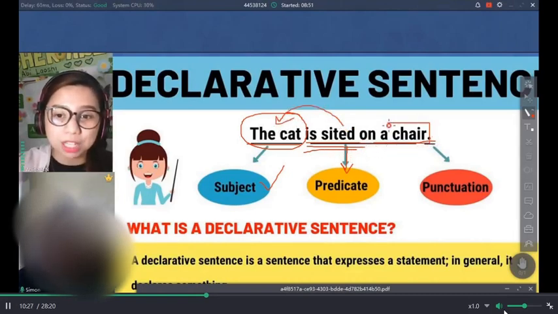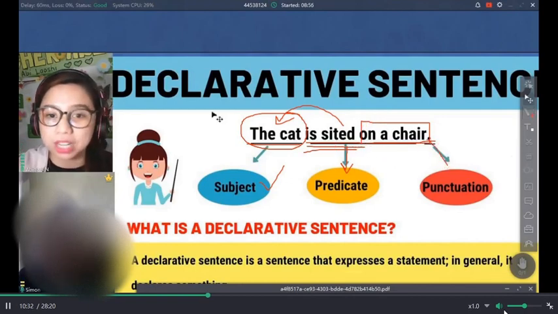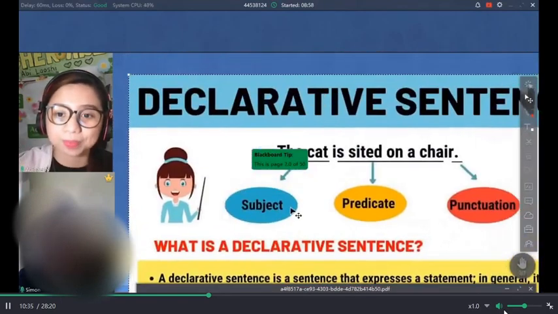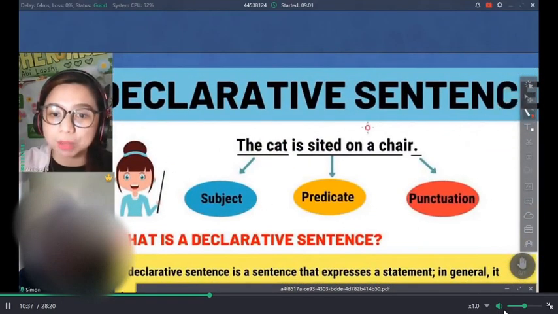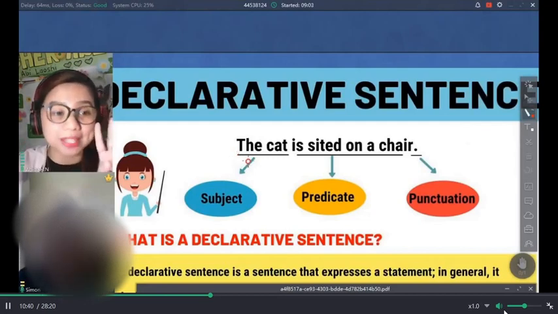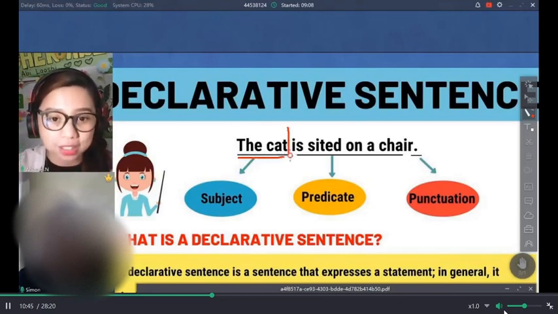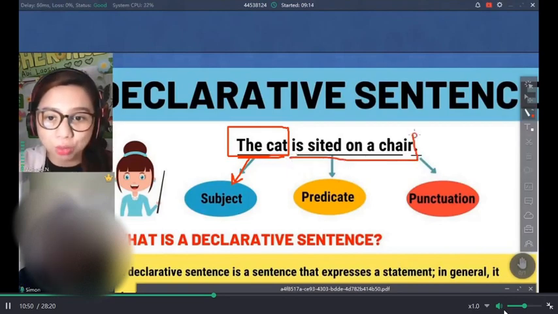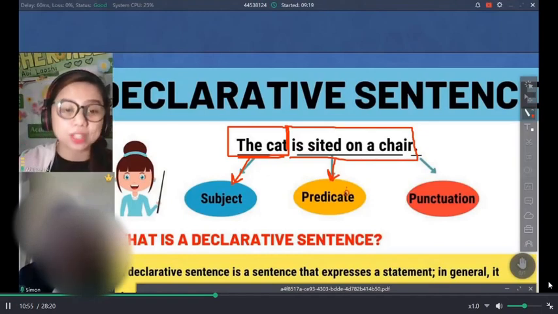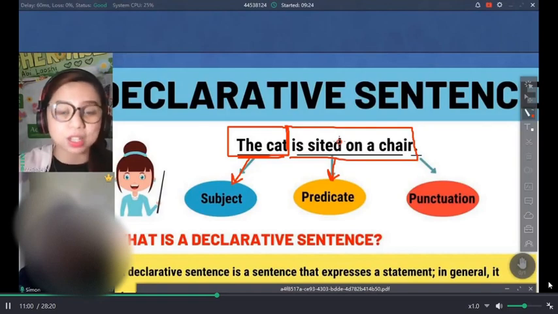So here, Simon, I'm showing you that there are two basic parts of a declarative sentence. One is the subject, the cat. And the whole rest is called the predicate. The predicate tells what the subject does. The predicate always answers the question, what does the subject do?